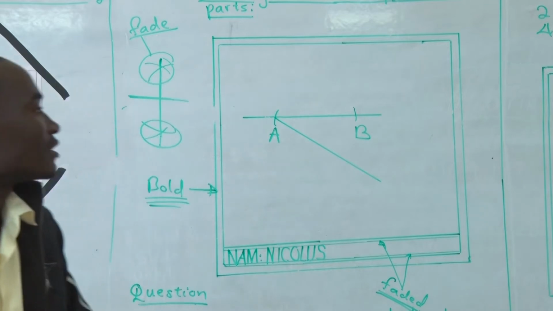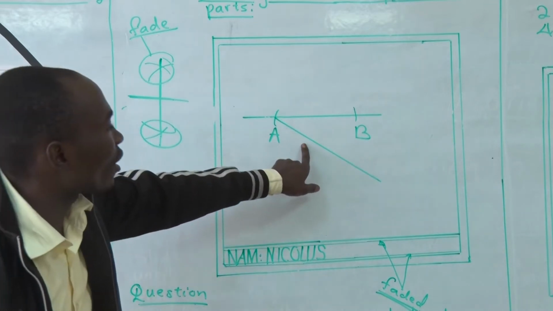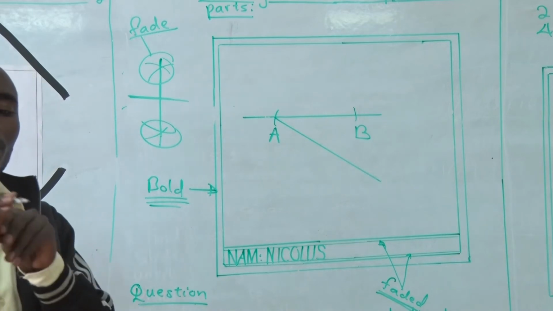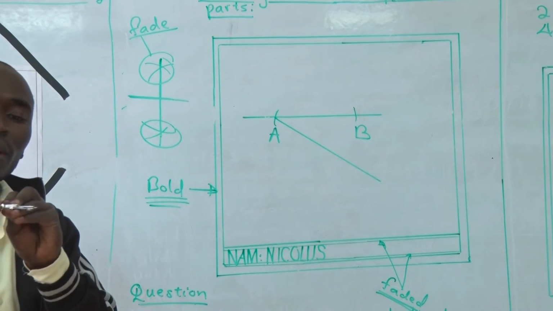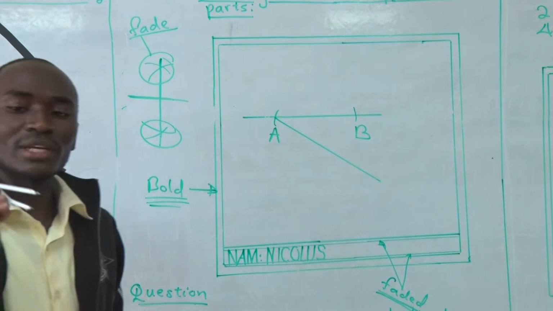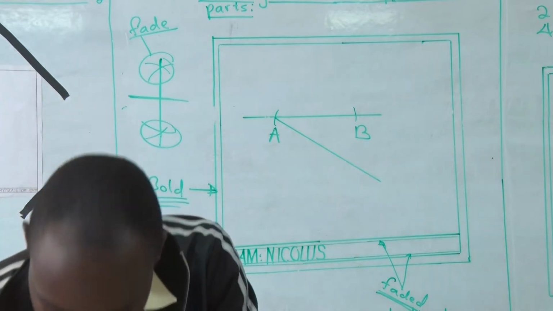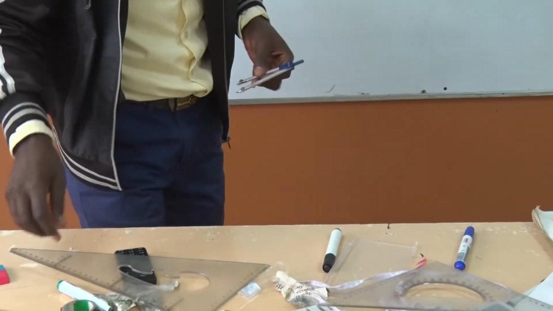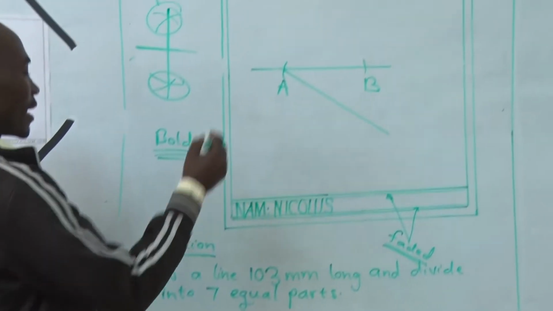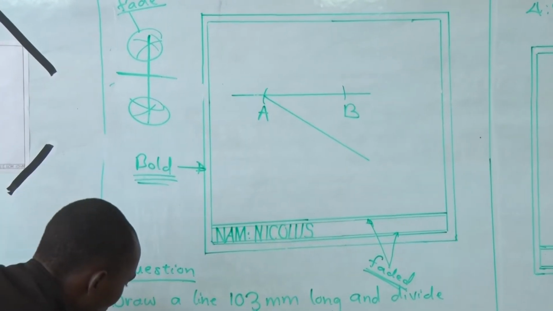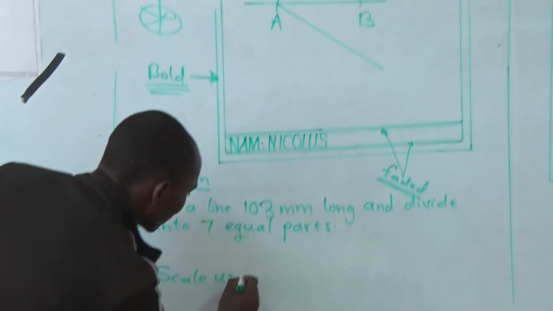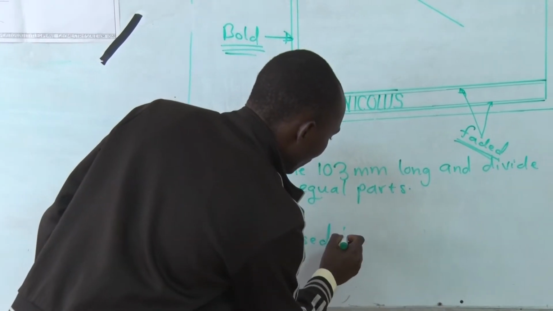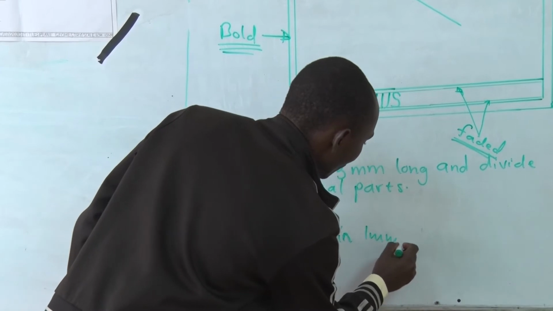Now let's divide this line that you have drawn into sections. You will take up your compass and measure 20 millimeters from your ruler. In engineering, the scale used should always be in millimeters.